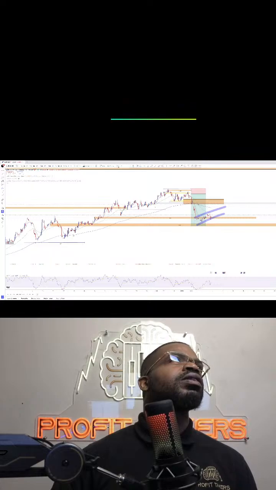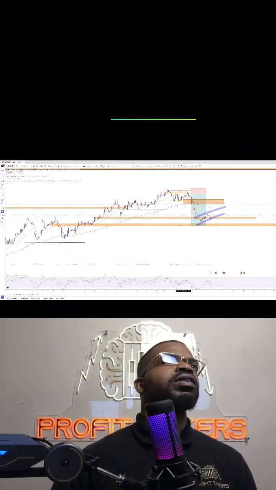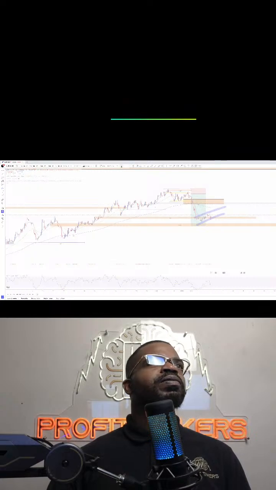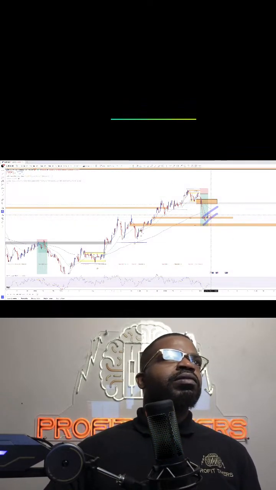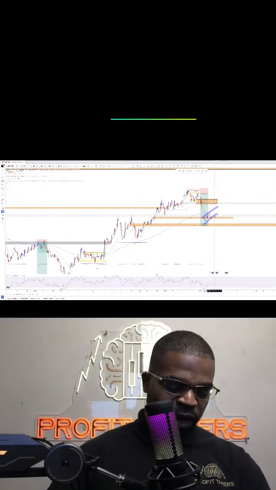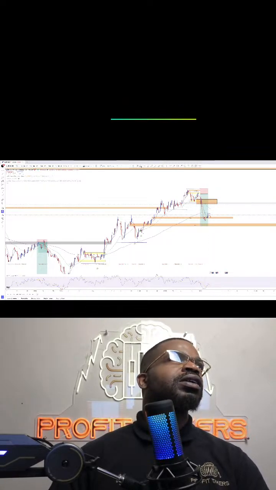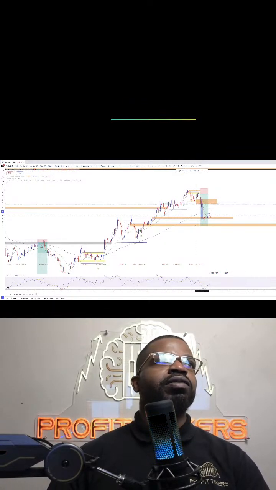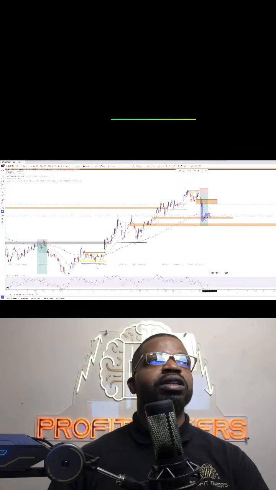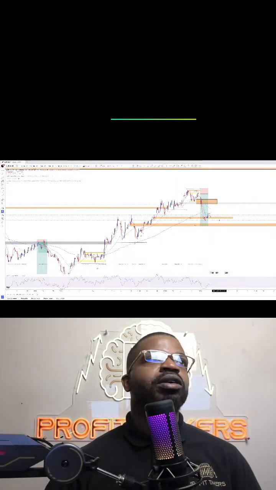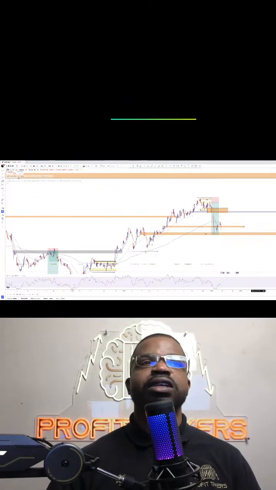What time frame is that? Oh yeah, that's a double top on the 2 hour right there. Yes, on the 2 hour time frame, we get a break beneath the 200, then price forms a double top right at the retest.